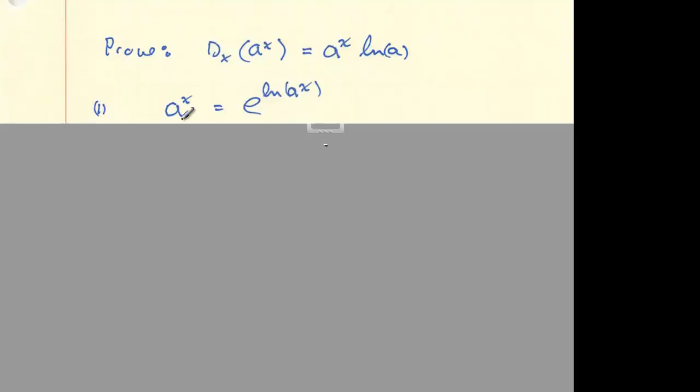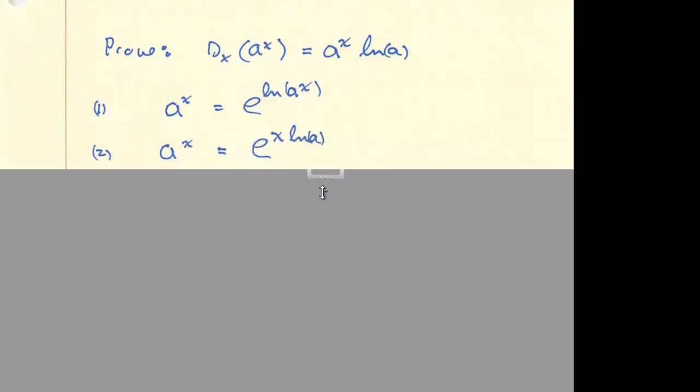So if we rewrite a to the x as e to the ln of a to the x, you should realize that that is a to the x. So we've transformed this into a base e derivative. So a to the x, if we use the properties of exponents or of logs and bring the x out as a multiplier, then we can differentiate this using the chain rule.